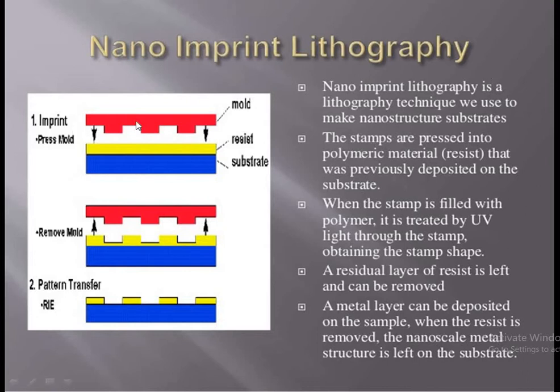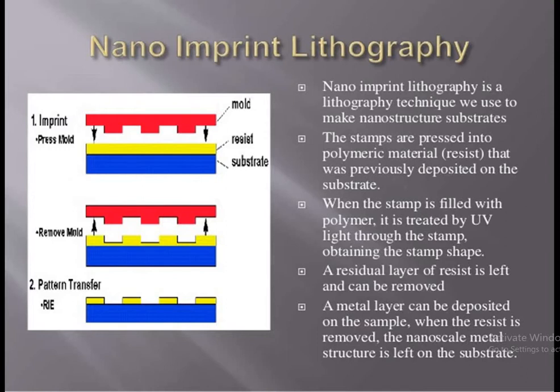These are the stamps that are pressed into polymeric material. This is the resist, which is of polymeric material, and the stamp is pressed into the resist that was previously deposited on the substrate. So initially there is a substrate.